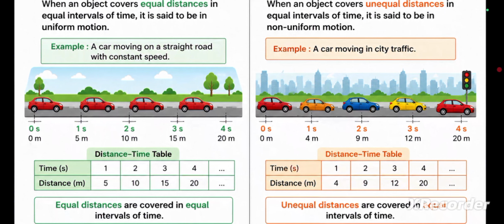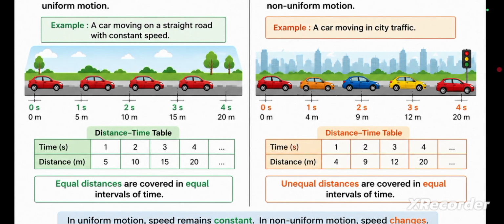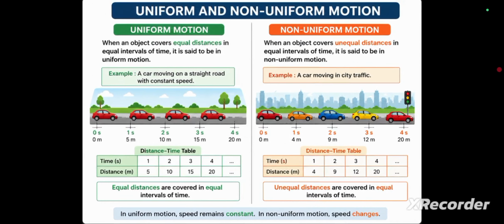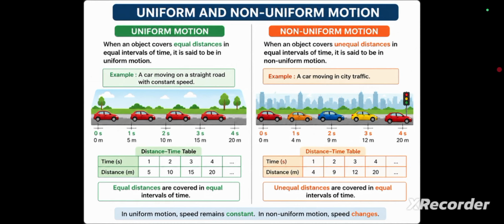So in all the same time intervals, the distance is not equal, which indicates non-uniform motion. Unequal distances are covered in equal intervals of time. In uniform motion, speed remains constant. In non-uniform motion, speed changes. So these are uniform and non-uniform motions.